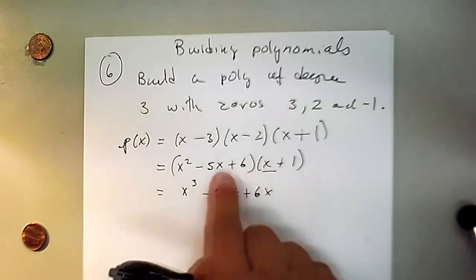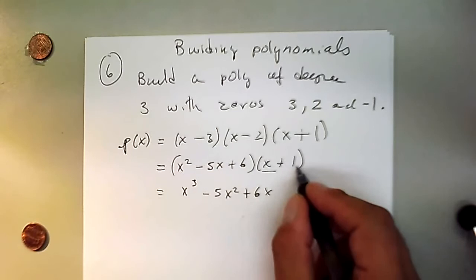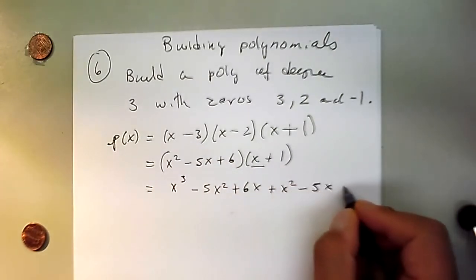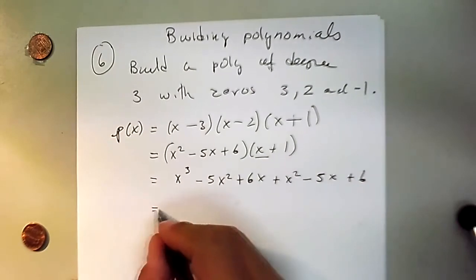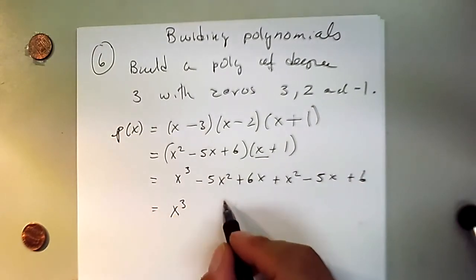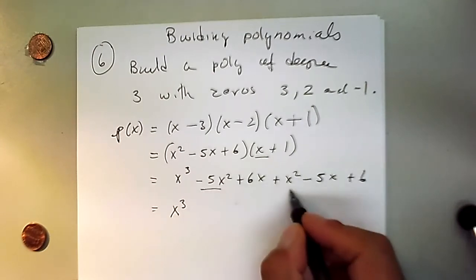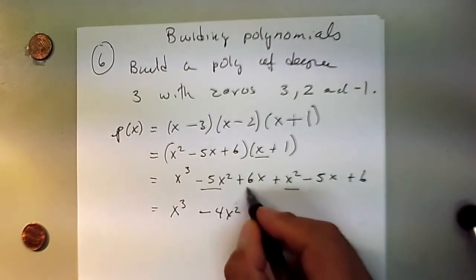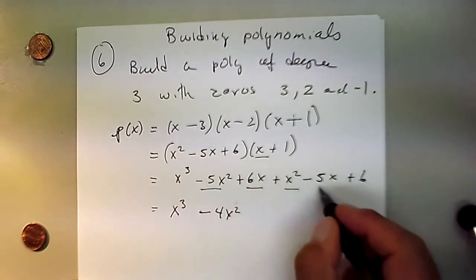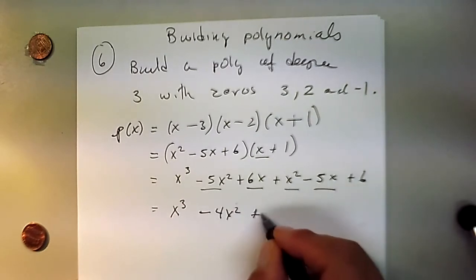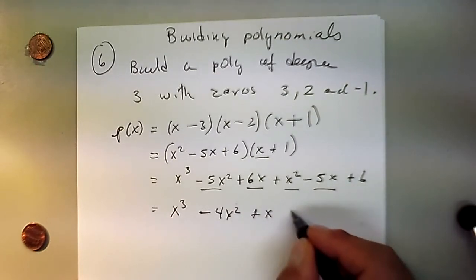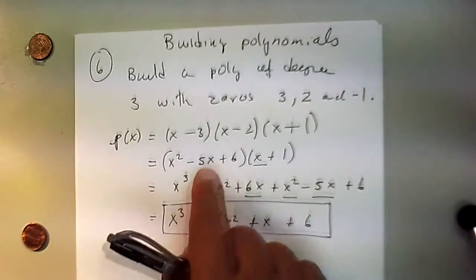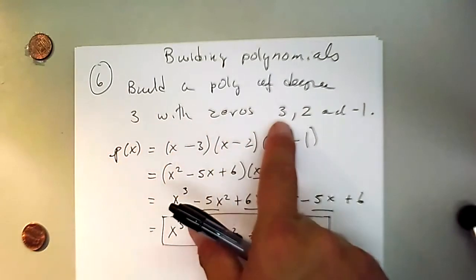So the x got to be multiplied with those, but then we multiply the 1 with all of those, plus x squared minus 5x plus 6. So that is x cubed. And now we got to simplify. We got negative 5 plus 1 of the x squared. So that is minus 4x squared. 6x minus 5x is x, and then 6. So there is our polynomial of degree 3 with zeros 3, 2, negative 1.